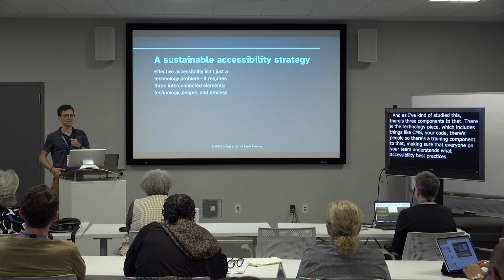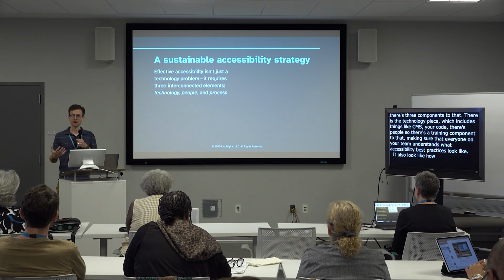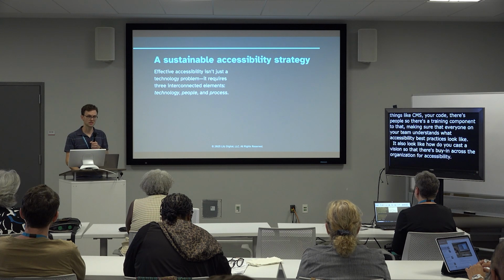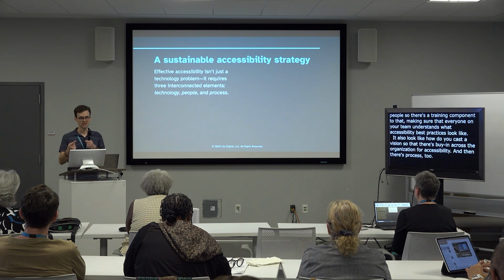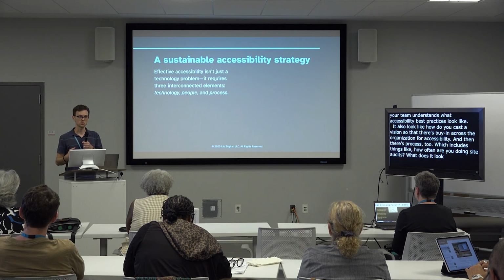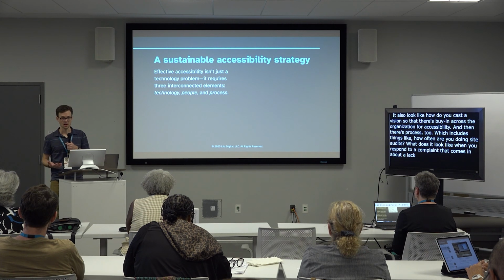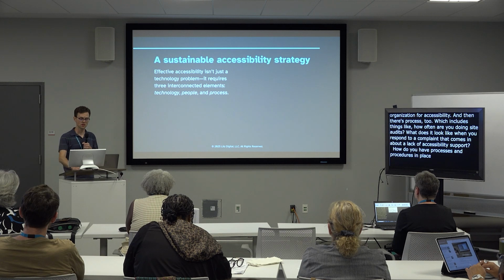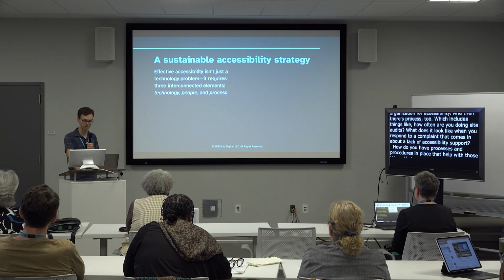It also looks like, how do you cast vision so that there's buy-in across your organization for accessibility? And then there's process too, which includes things like, how often are you doing site audits? What does it look like when you respond to a complaint that comes in about a lack of accessibility support? How do you have processes and procedures in place that help with those things that you're going to encounter related to accessibility?